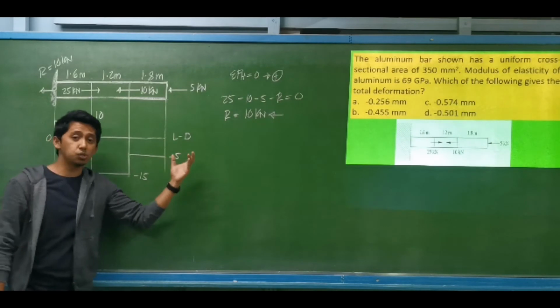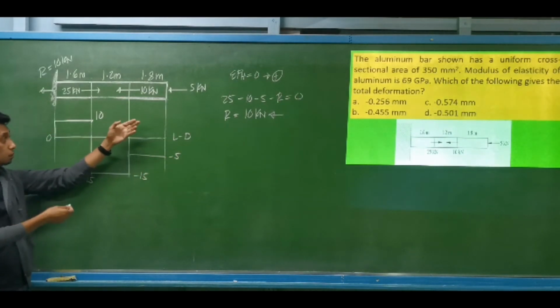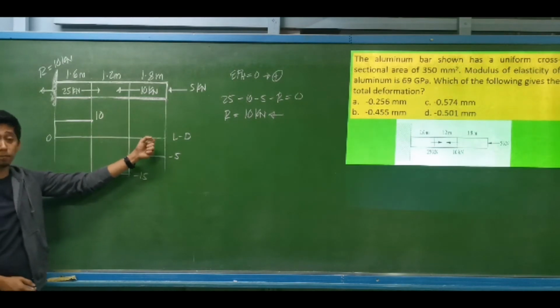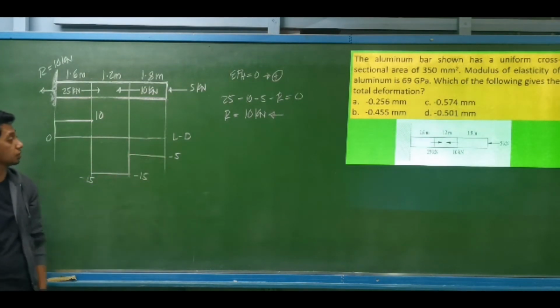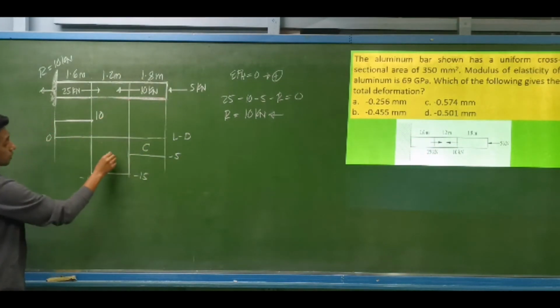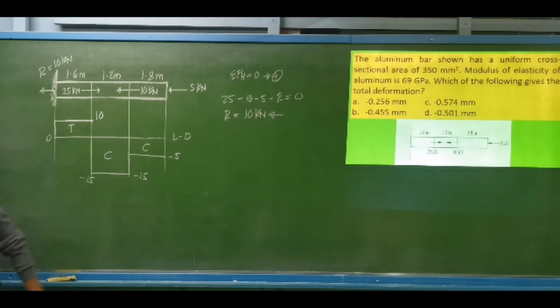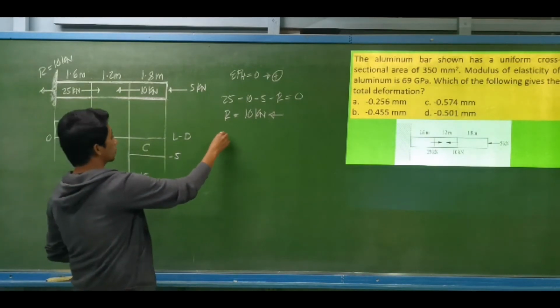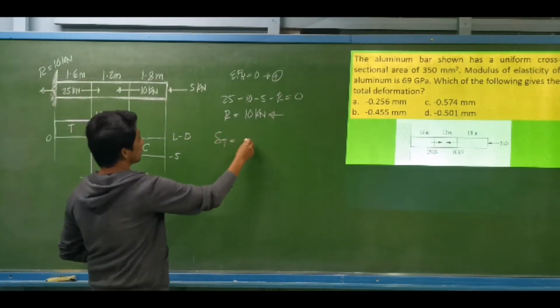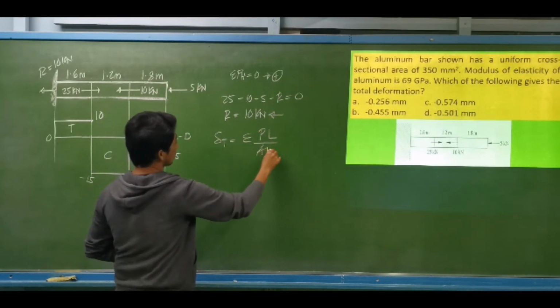So what is the advantage of the load diagram? So we know the portion of the segment which are under compression or under tension. If we have them as negative, this portion is under compression. If this is positive, this is under tension. So we will compute for the total deformation, that is the summation of PL divided by AE.